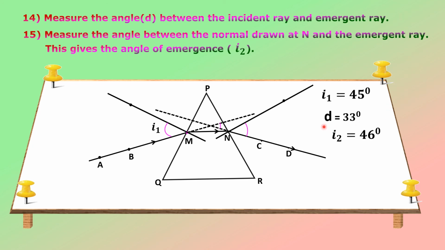Here it is 93, and here I1 is 45, I2 is 46, we get 91. So the deviation is 2 degrees. That means this is the error. So every time you have to check. Error will be there. The only thing is that you have to minimize the error.